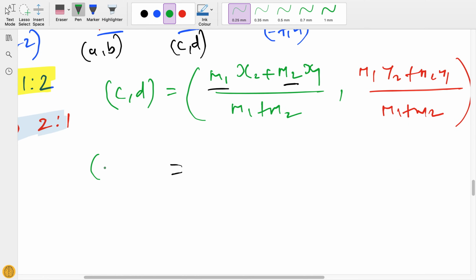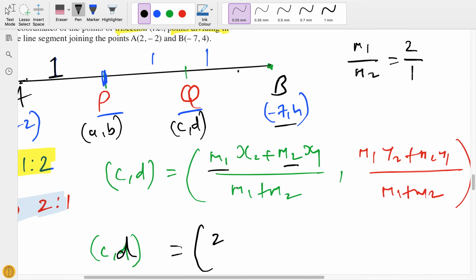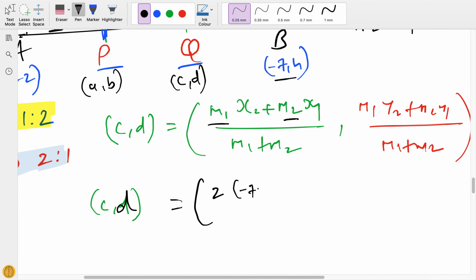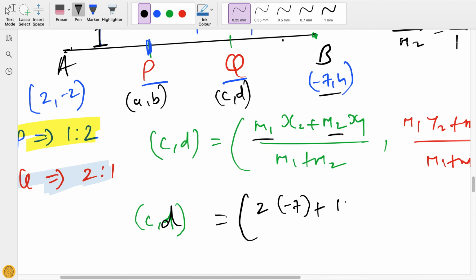So coordinates of c, d will be: m1 is 2, x2 is minus 7, plus m2 is 1 and x1 is 2, upon m1 plus m2, which is 2 plus 1.